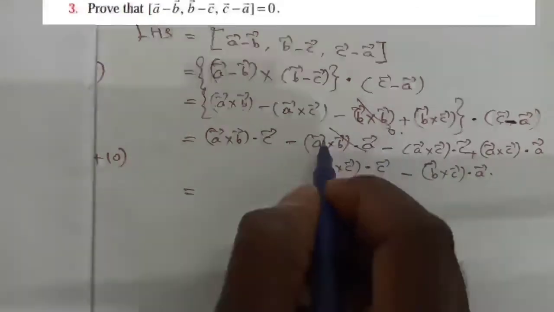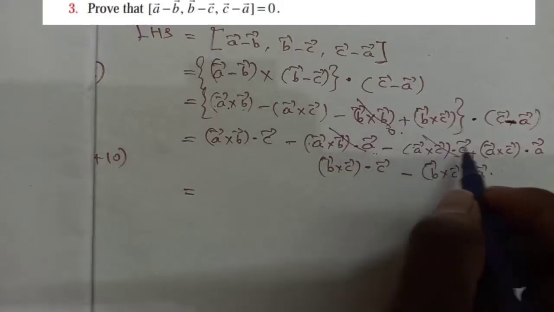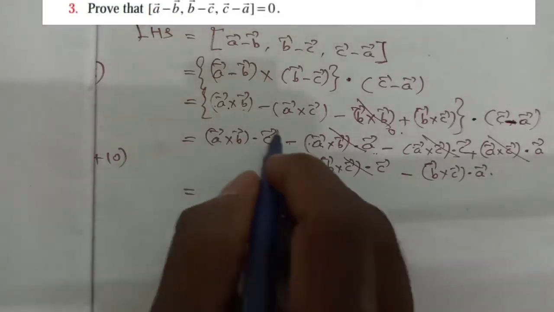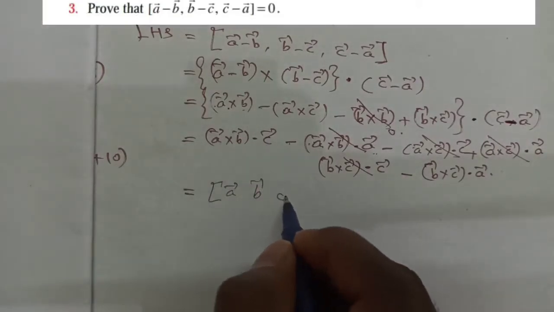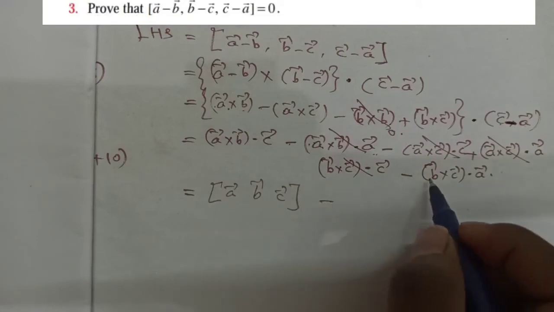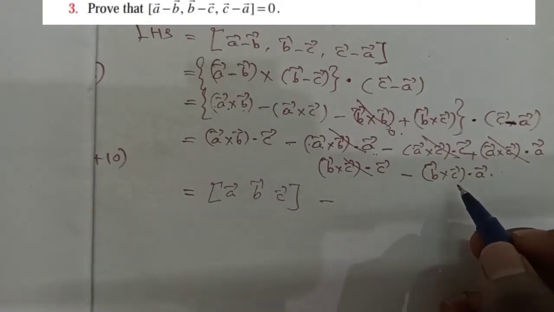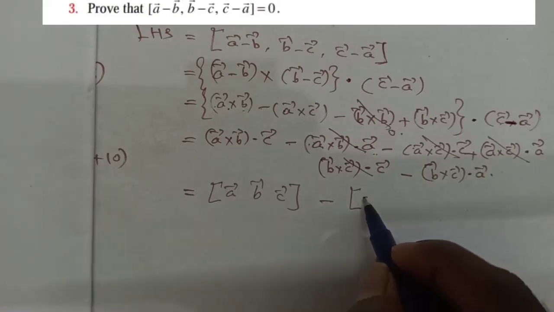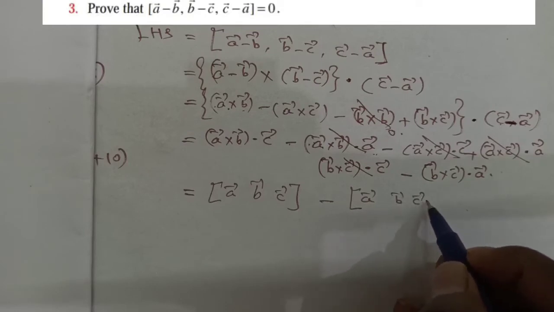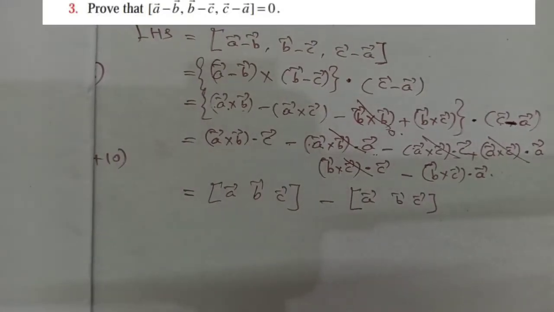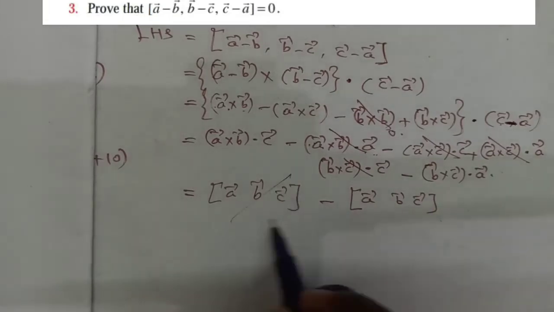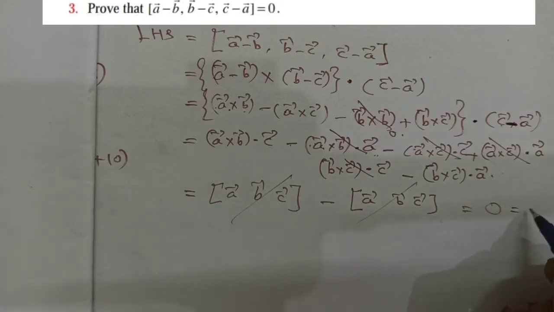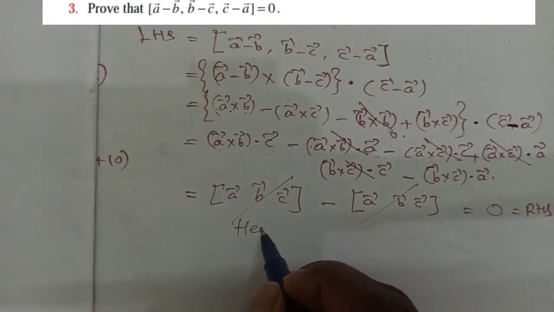So we know the result. So a 2 times 0, c 2 times 0, a 2 times 0. Here also c 2 times 0 will be. So then here we can write the box product of a vector, b vector, c vector. Next minus, here bca, this is scalar triple product. Since it is in cyclic order, the box product of abc, so both will be cancelled because both are same. Equal to 0. So this is RHS, hence proved.